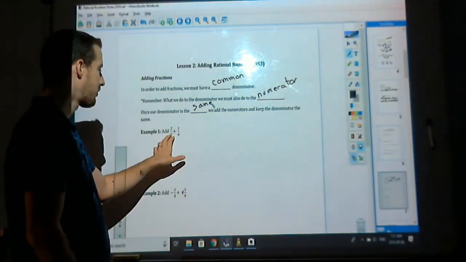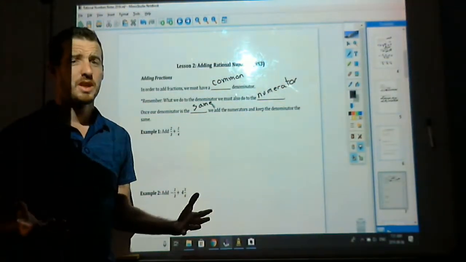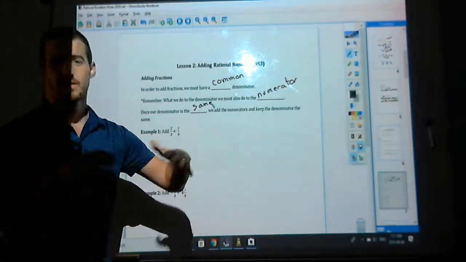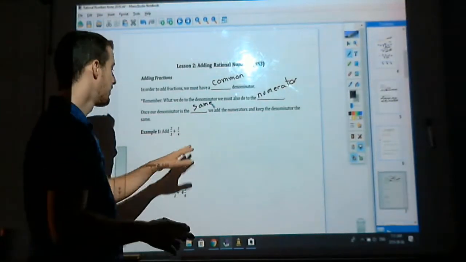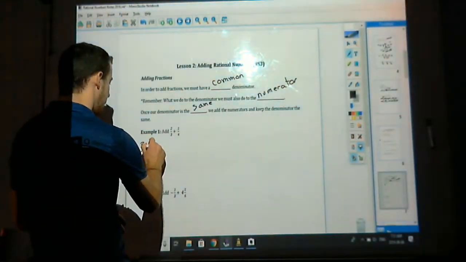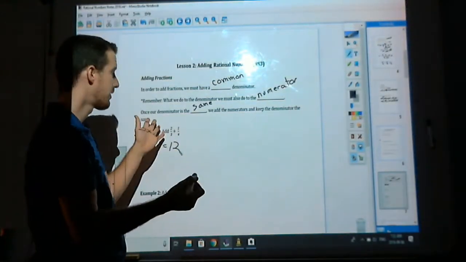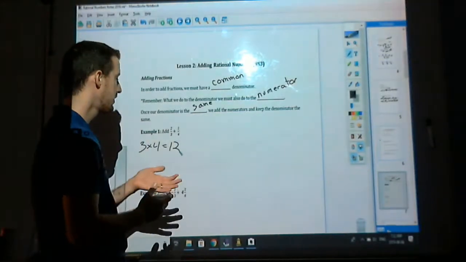So we have 3 and 4. What's a common denominator that we can share between 3 and 4? Well, 3 times 4, always the easiest route to go. So 3 times 4 is 12. Both of these can be 12, and what we'll do is just do the opposite to each other.